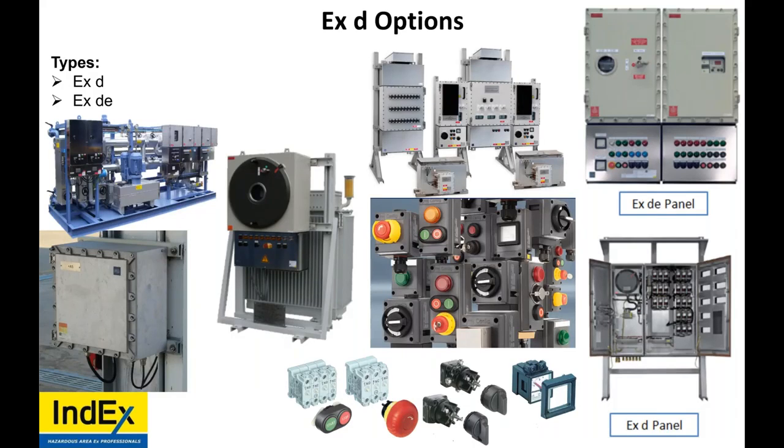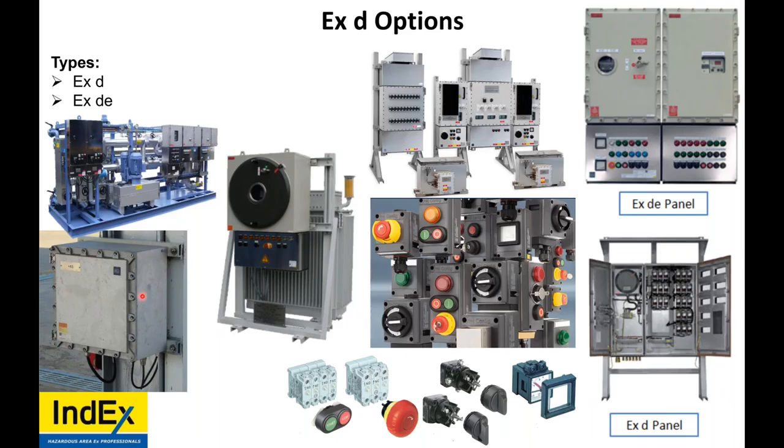when we look at EXD, there's many different options of how it can be made. When people think of here in the center, all these different control stations as EXE and D, the D portion of it is the inside switch. Within these pressure switches, the terminals are EXE, but inside of it is EXD.